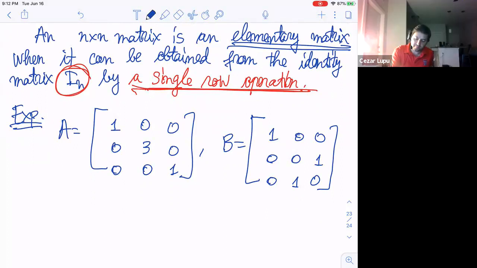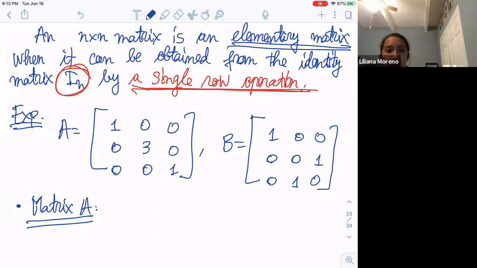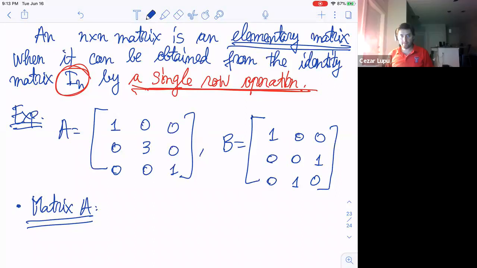Let's see the first one, matrix A. What do you think? Is it elementary or not? Yes, you can multiply row 2 by 3, right?